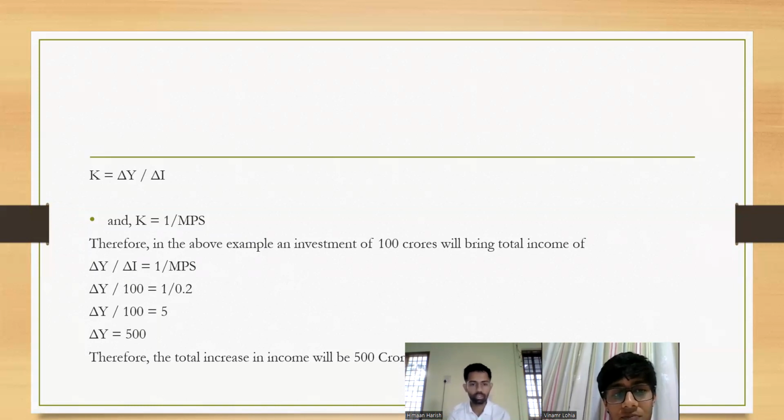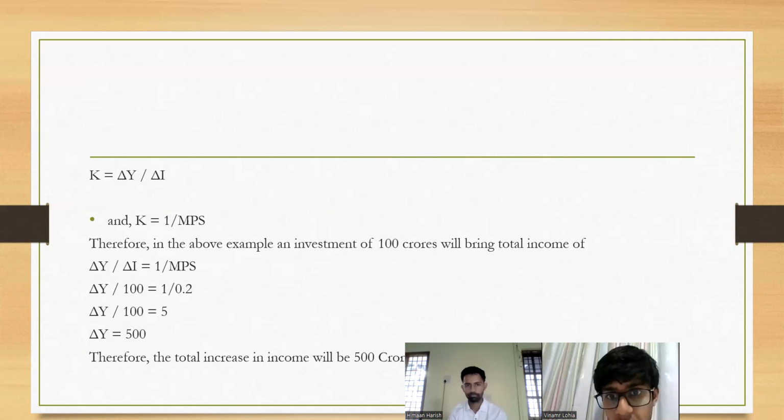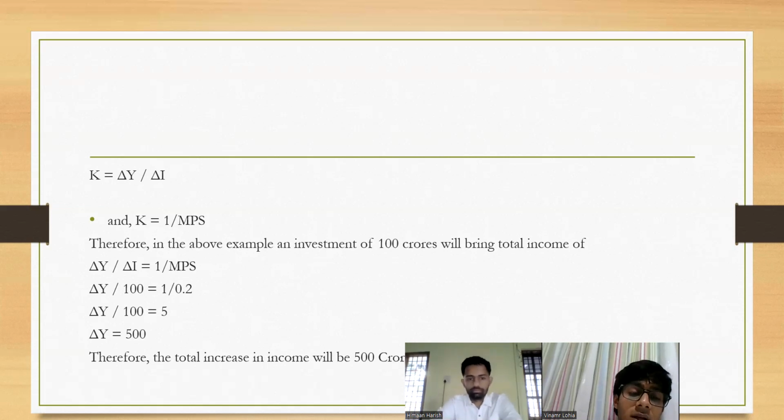So we can find the total increase in income, or the change in income will be 500 crores for an investment of 100 crores. That is delta Y by delta I equals 1 by MPS. Yes, that's the formula.